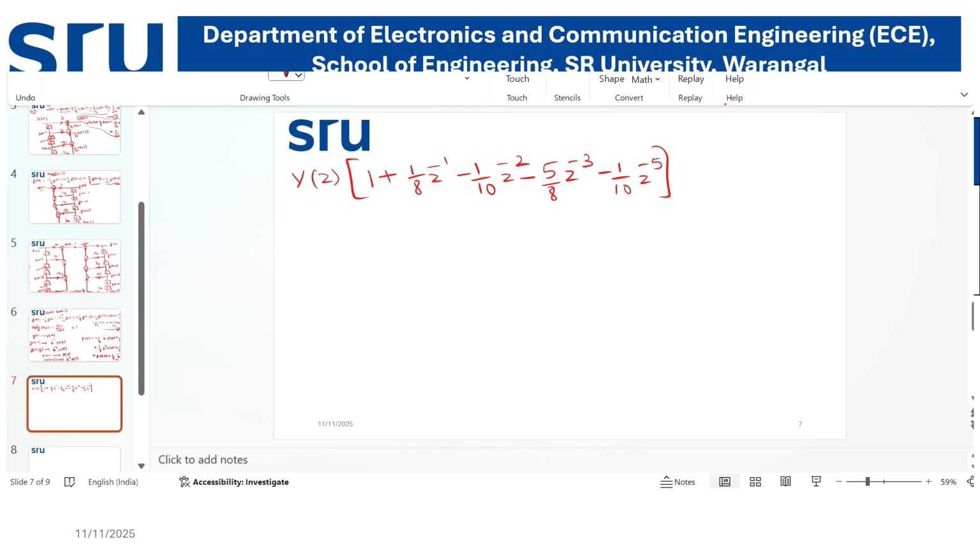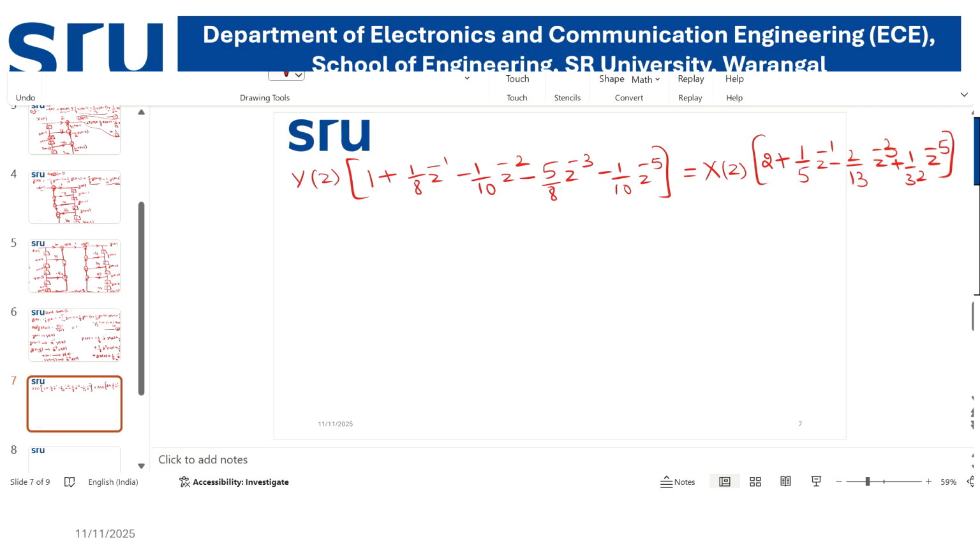This is from the output. Similarly, if I take the input side also as common X(z), then I have a constant 2 plus 1/5 z^-1 minus 2/13 z^-3 plus 1/32 z^-5.